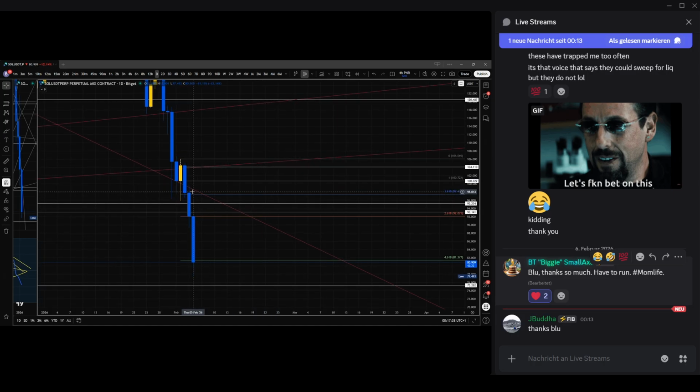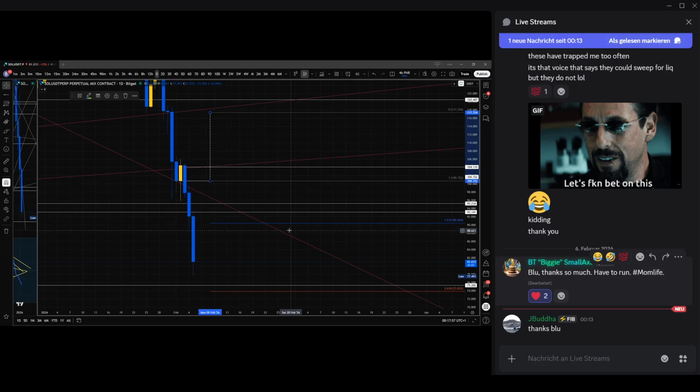It would hurt more. Let's pretend again for a second that this wick would be longer. Let's say this was your daily that is engulfed. We have such candles. Then the view changes a bit, because your entry would hit somewhere here, let's say.